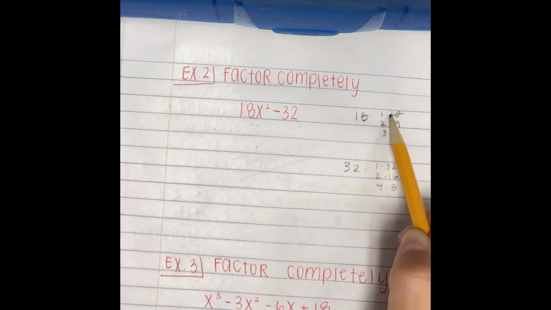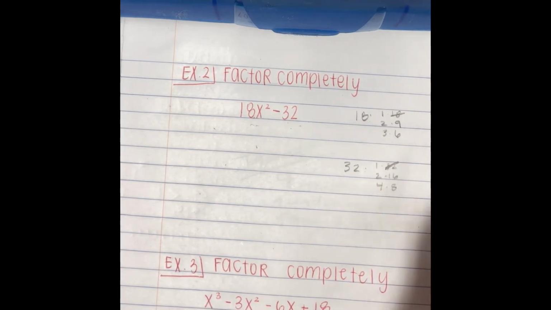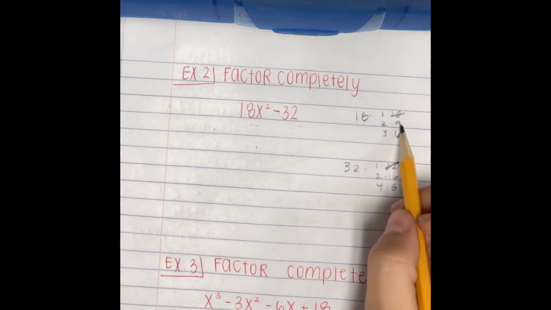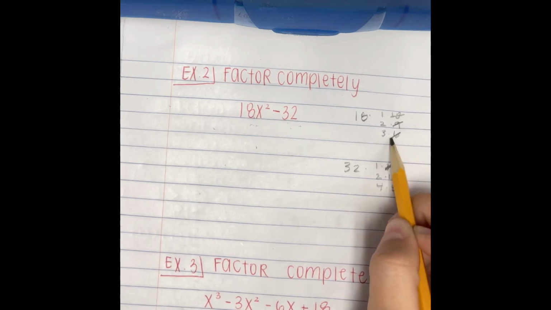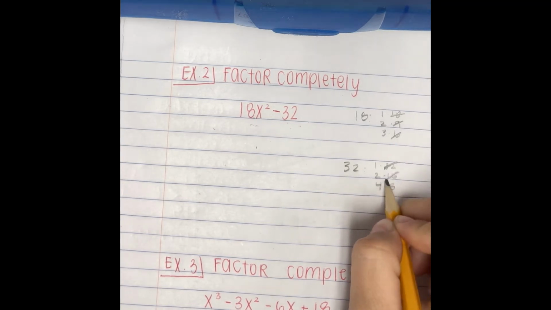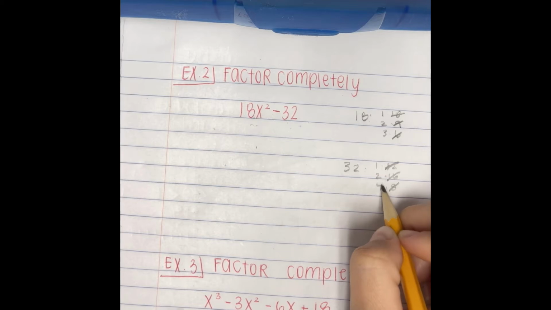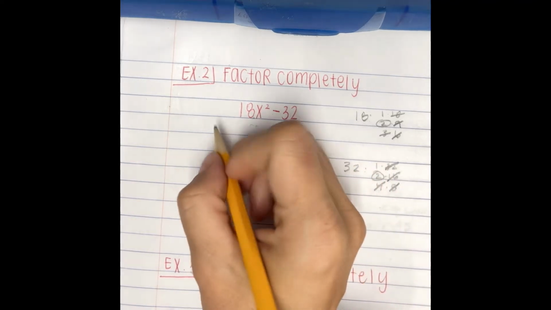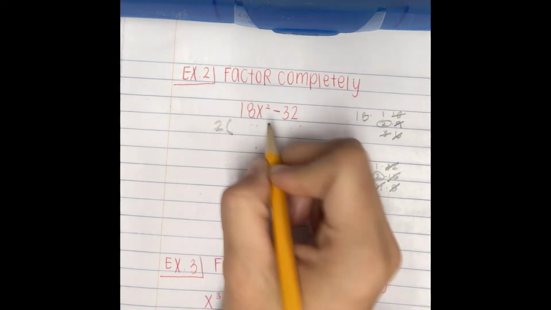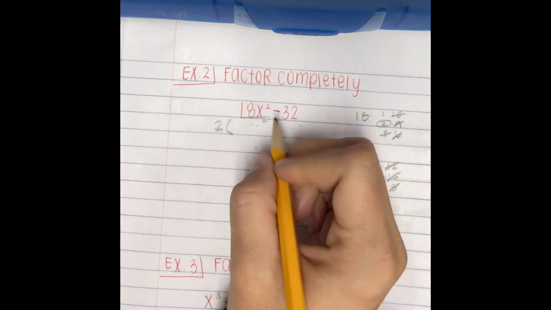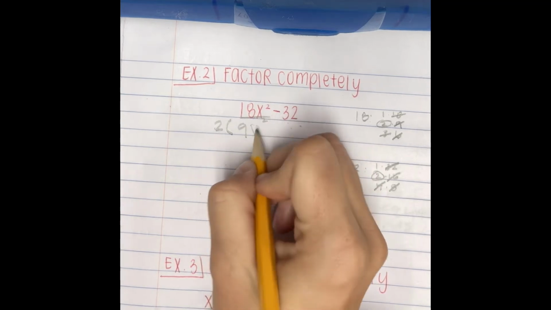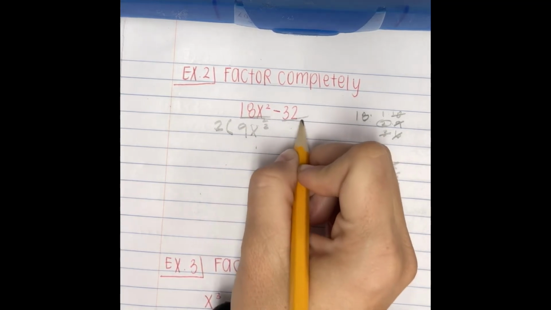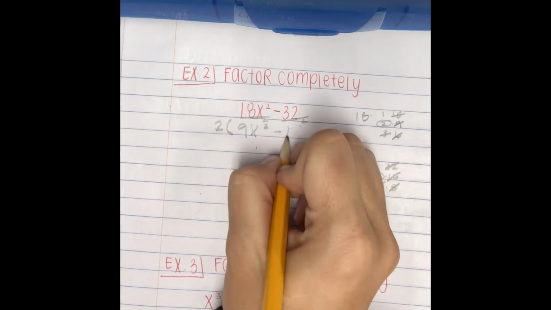They're not both divisible by 18, not both divisible by 32, not both divisible by 9 or 6, or 16 or 8, or 4 or 3, but they are both divisible by 2. Which means we have a GCF of 2. So 18x squared divided by 2 would leave us 9x squared. Negative 32 divided by 2 would leave us with a negative 16.